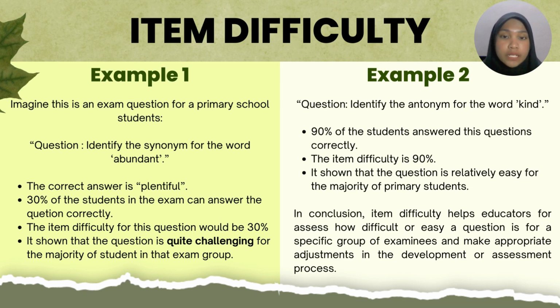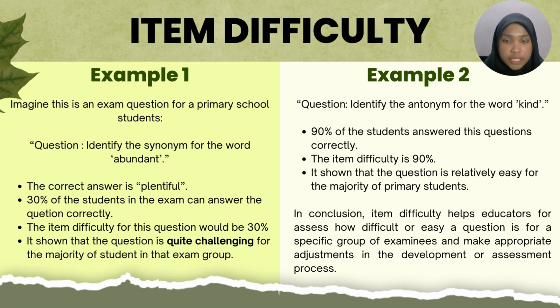Now, I will give some examples for item difficulty. Based on the concept of item difficulty, look at example number 1. Imagine this is an exam question for a primary school student. Question number 1 is: identify the synonym of the word abundant. The correct answer is plentiful.